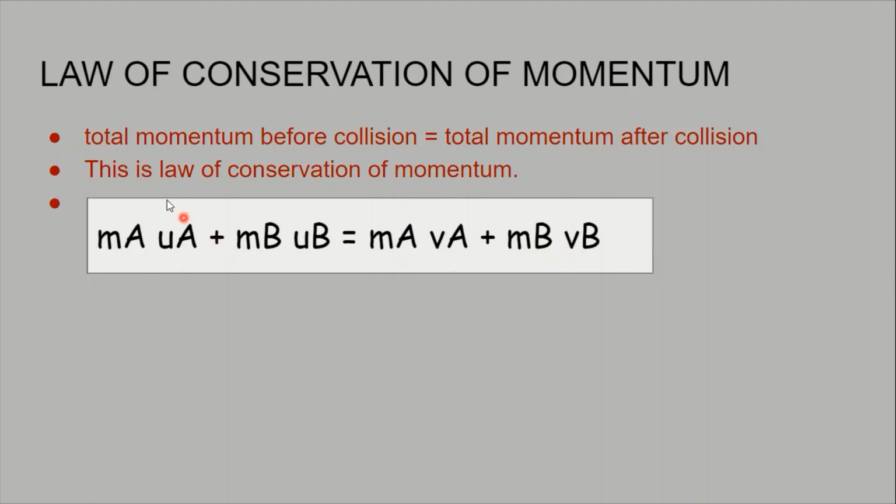Here, m is the mass, A is the first object, u is the initial velocity, and B is the second object, and v is the final velocity.